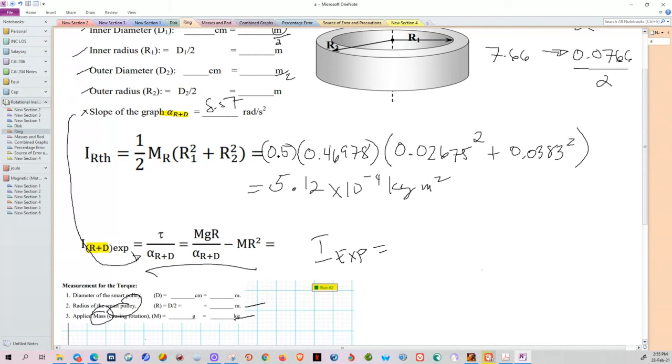Don't worry about the disk and the ring together. There is a step after this one. Just calculate the inertia first. No, it's not going to be in the minus.